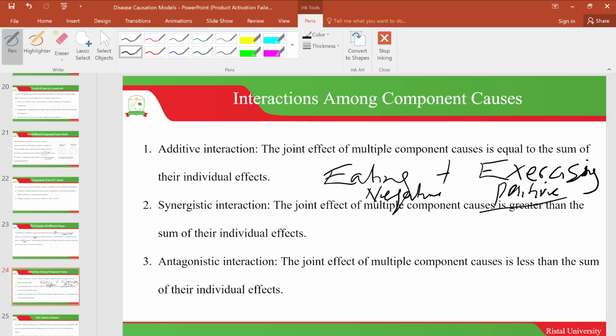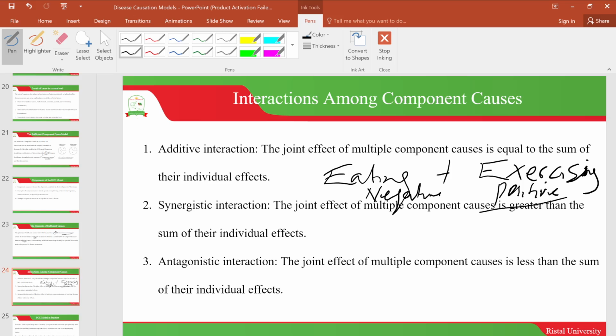So if we have factors acting in different ways on whether the disease will happen or not, the interaction can be one that counters or one that adds up and increases the risk further.